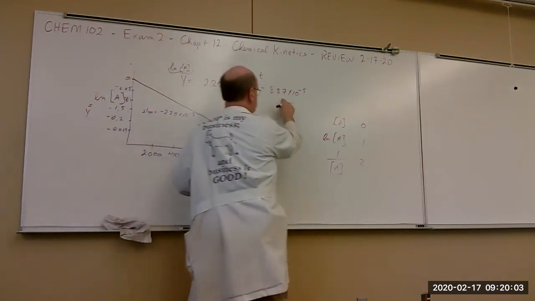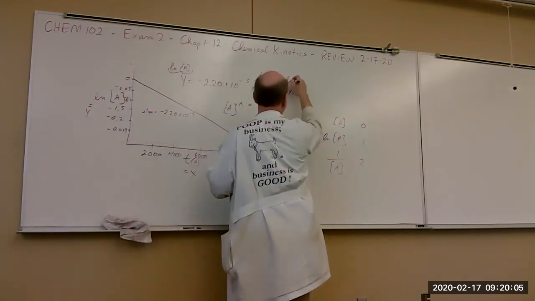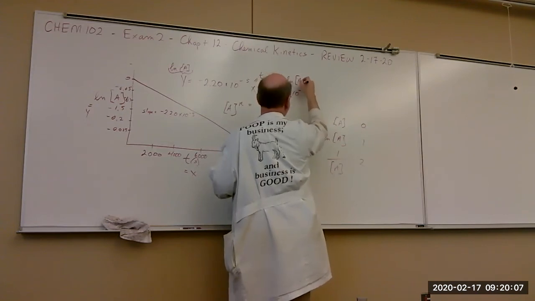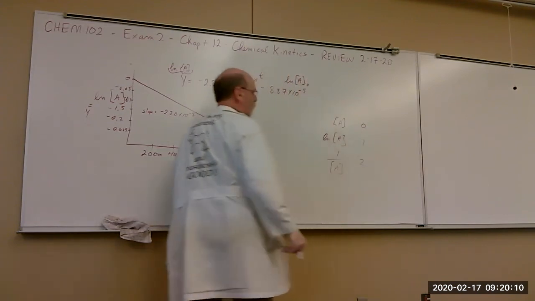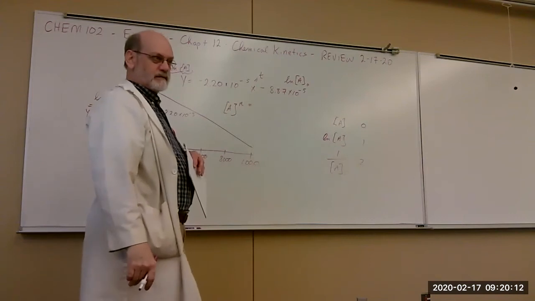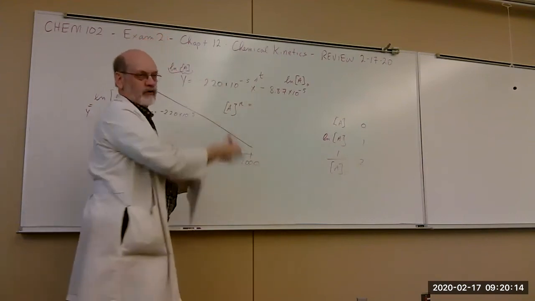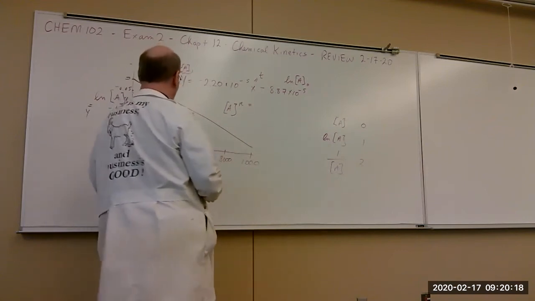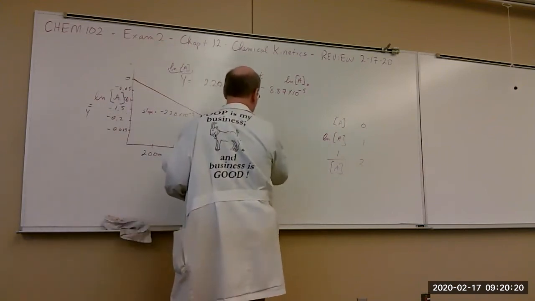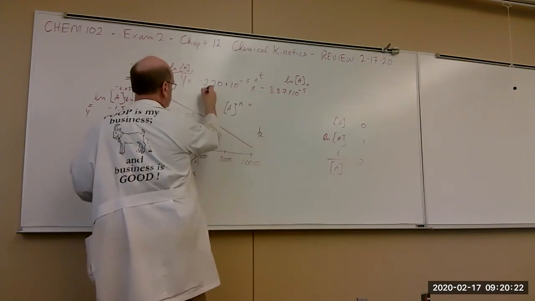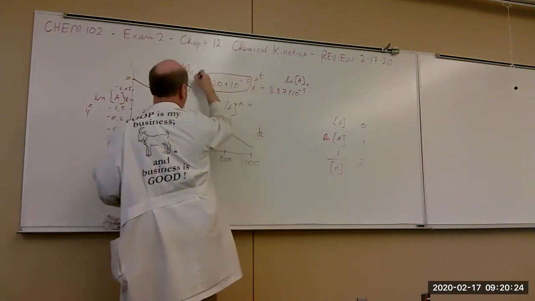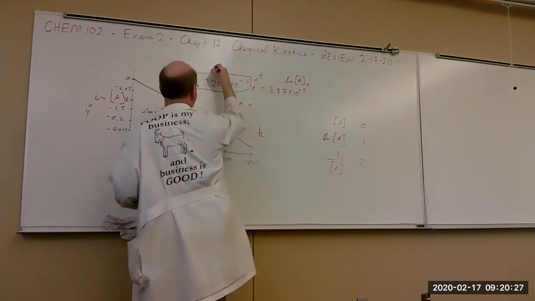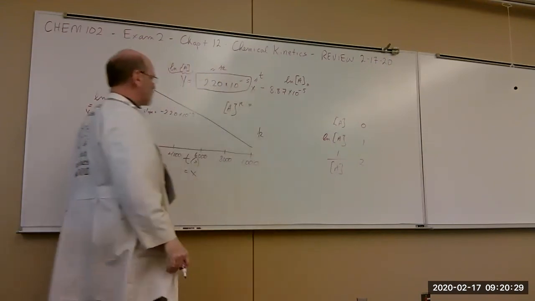What's this one equal to? That's your starting concentration, the natural log of your starting concentration, that one. But what if we're asking for what's K? What is K? K is this term right there. K is the slope.